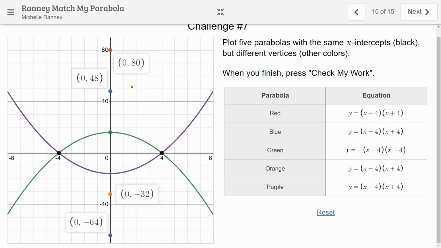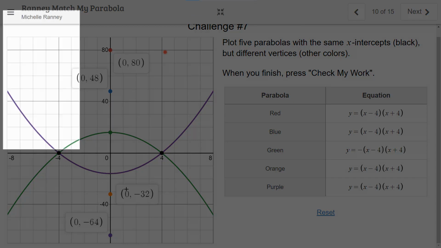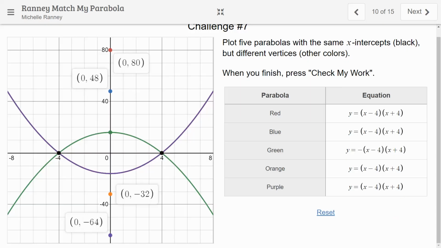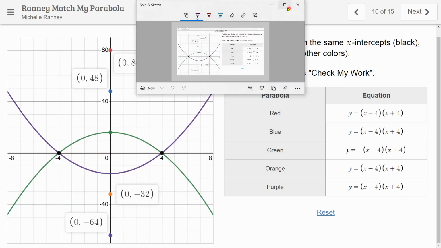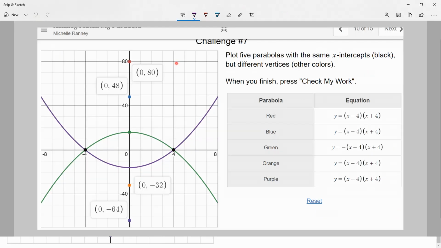Okay, and let me just get this so I can write. I am trying to get these various points here. So for this, there are a couple ways you can think about this.